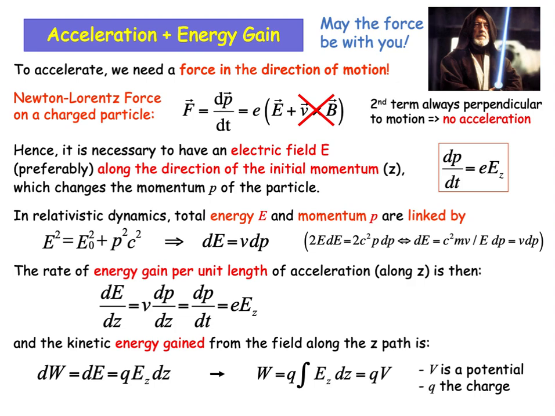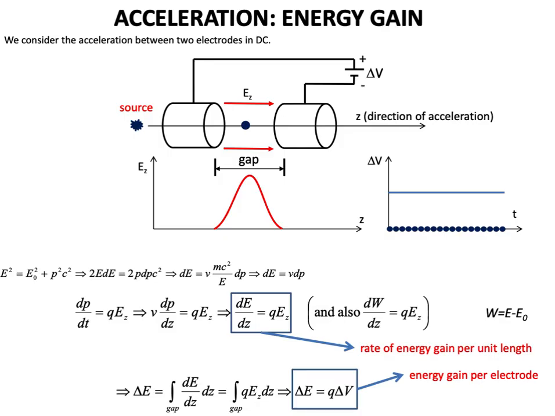The kinetic energy gained from the field along the Z path is W, equal to the charge times the applied voltage. This is the general principle, and now we are going to apply it to the energy gain.